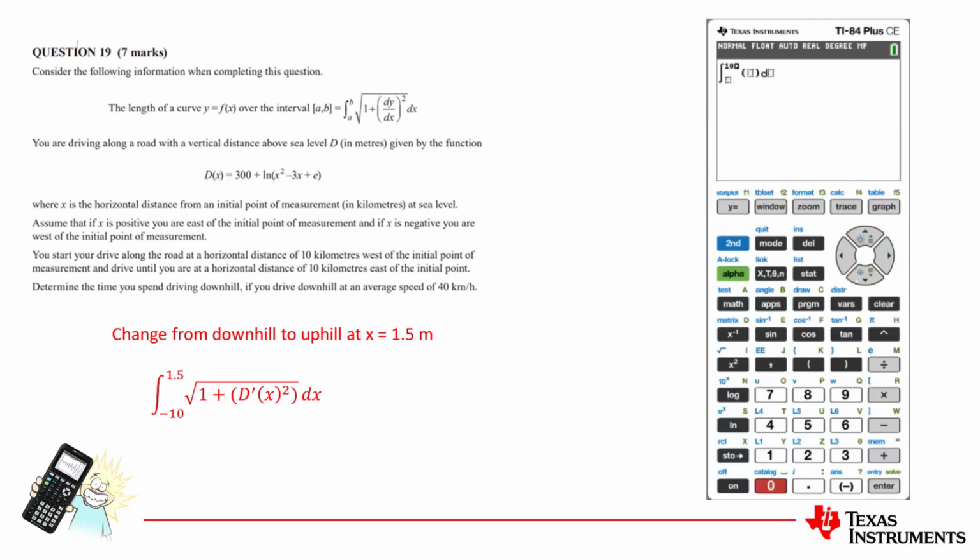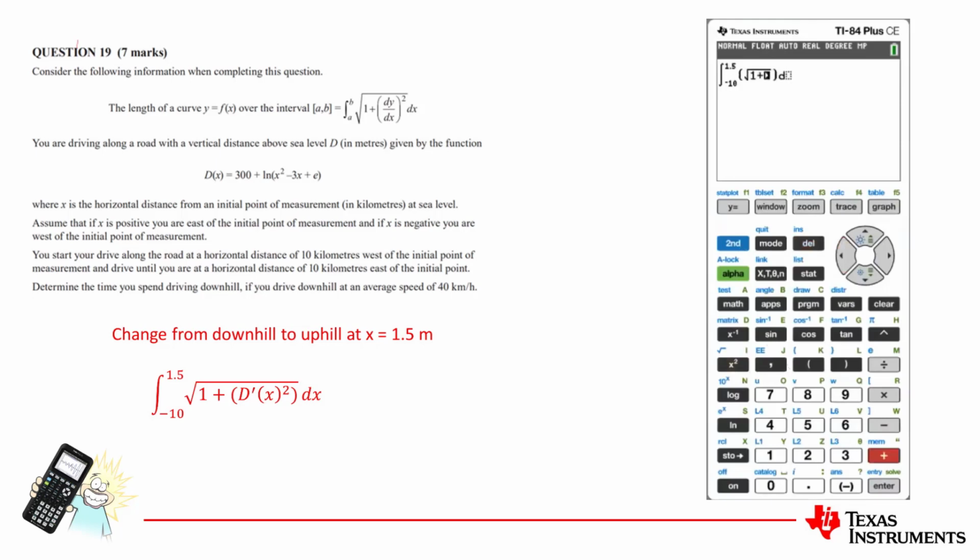Now I've got 1.5 as my upper bound, negative 10 as my lower bound, and my formula is for 1 plus the derivative, I should put in my square root, apologies, so second square root 1 plus.